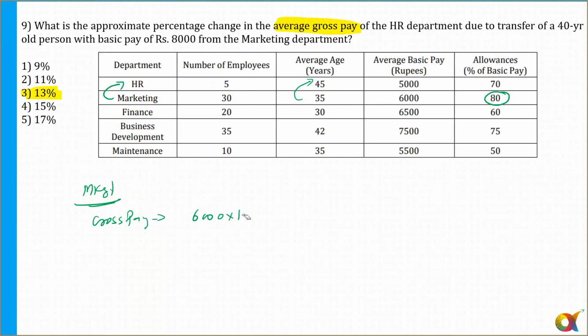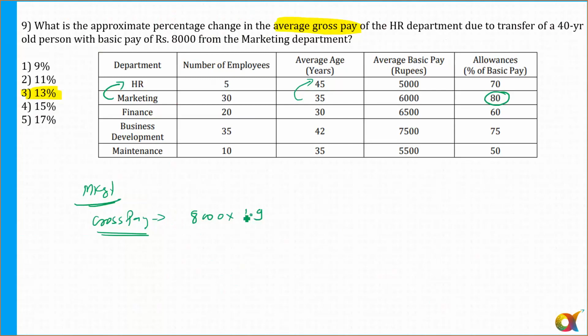So can I write down directly 6,000 into, sorry, it's not 6,000, but 8,000. His own pay is 8,000, not the average. So the person moving from marketing to HR has a basic pay of 8,000 and a basic allowance of 80%, but once he moves to HR, he'll get an additional allowance of 10%. So 8,000 into 1.9, 90% allowance.